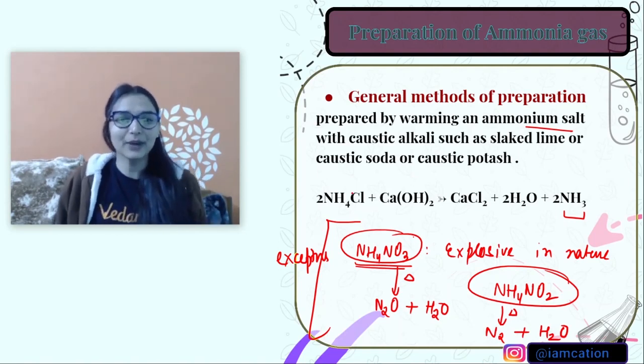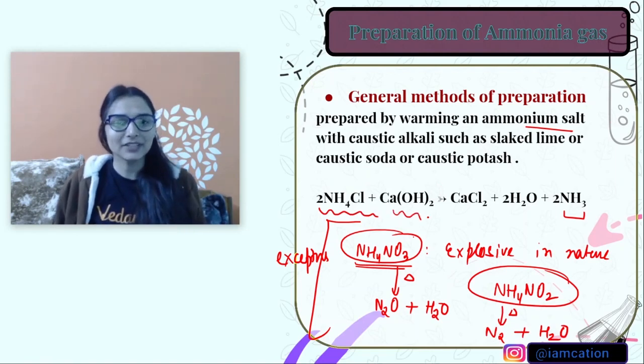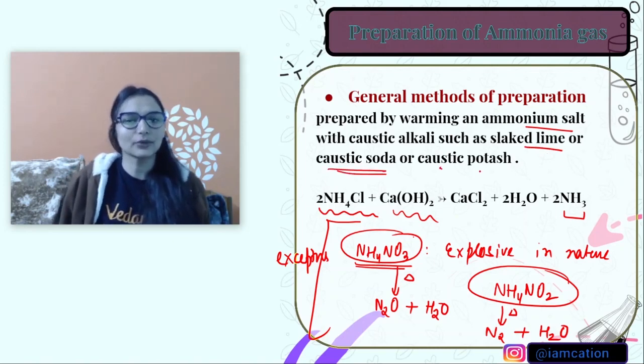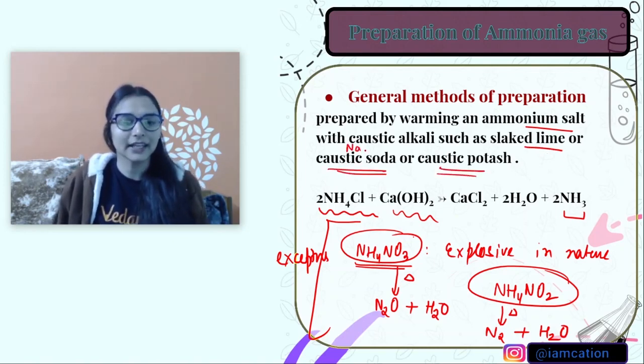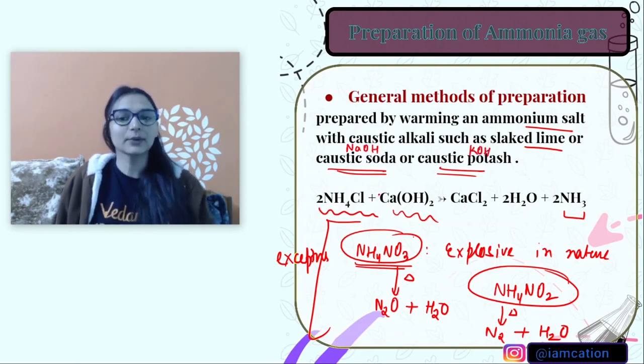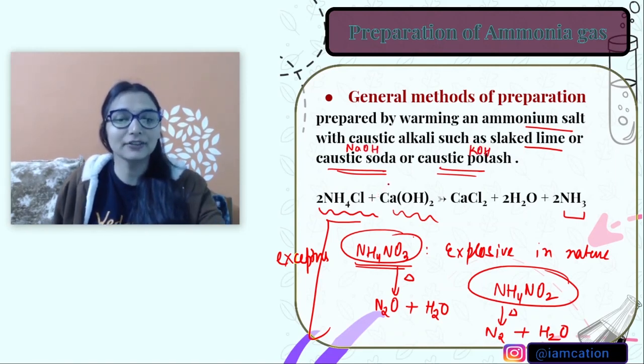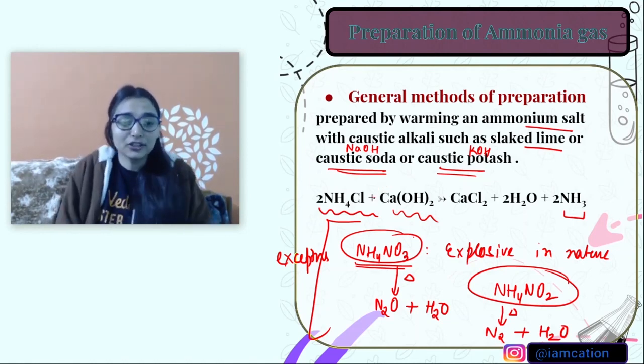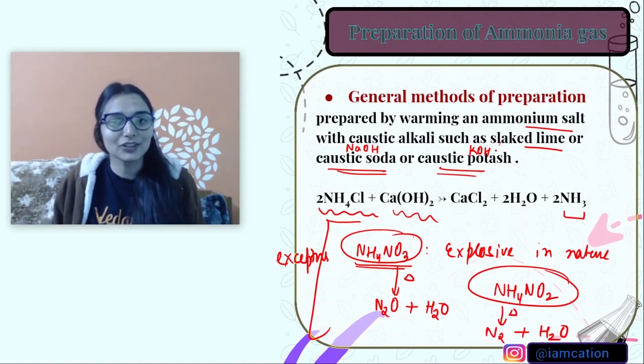Apart from that, see, I'm taking ammonium chloride plus a base. Like slaked lime I have taken, or you can also take caustic soda, caustic potash, that is NaOH, KOH, but they are avoided. We try to avoid sodium hydroxide and potassium hydroxide because they have a tendency of absorbing moisture from the air and dissolving in it.